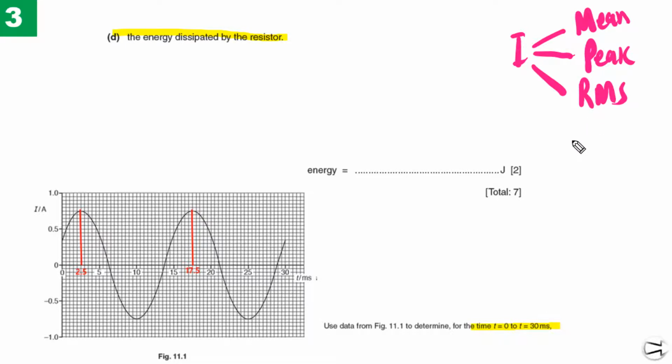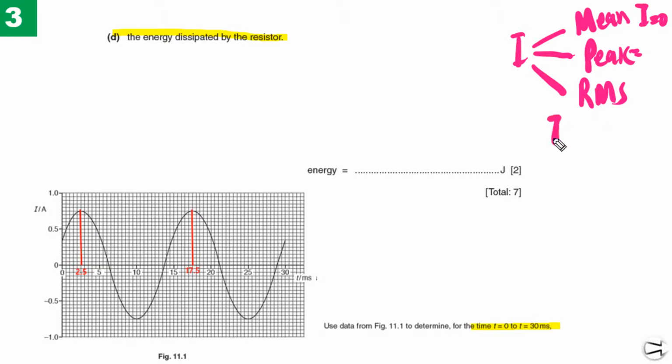So which value of current do we have to use to calculate energy dissipated by the resistor? First of all, the mean value is 0, I is equal to 0, and the peak value is only at a certain period of time. This value is not constant, so we cannot use that value.